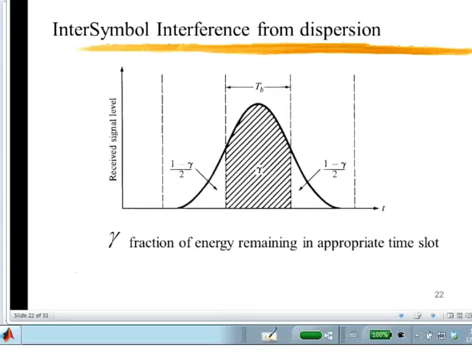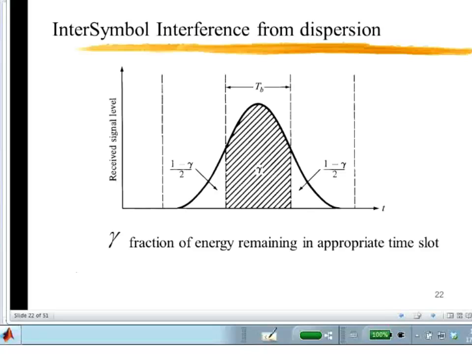I just wanted to mention that, of course, we also have in optical communications other sources of pulse spreading. We can get intersymbol interference from dispersion in transmitting signals, pulses over an optical fiber. Same effect on bit error rate. However, I'm going to be talking about ways of combating intersymbol interference, how to avoid intersymbol interference. And of course, these methods are for intersymbol interference originating from filtering effects.